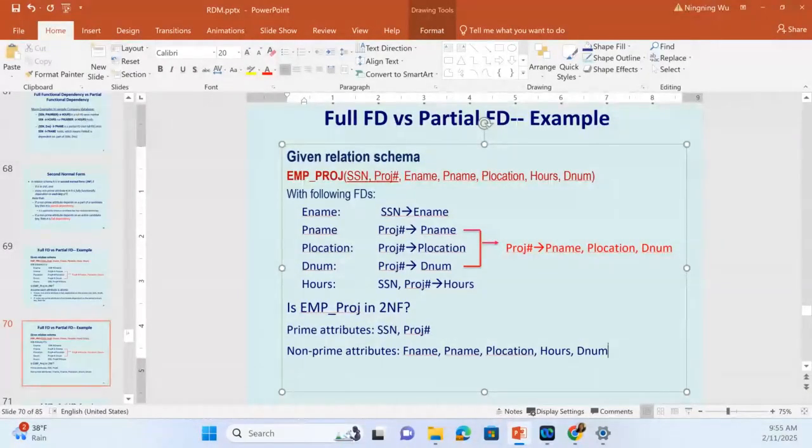Now we're going to examine if every single non-prime attribute is dependent on the whole key or not. So we evaluate those functional dependencies to see if they are full functional dependencies or partial functional dependencies in terms of the primary key, okay?